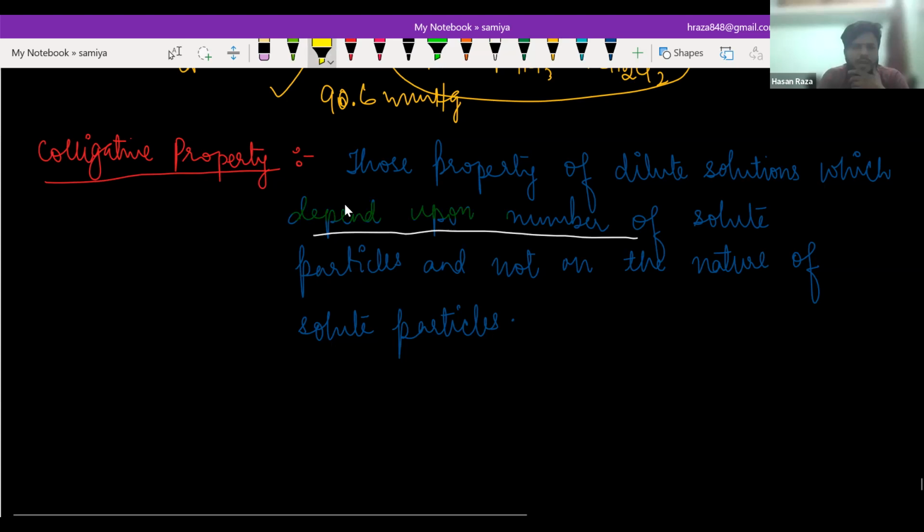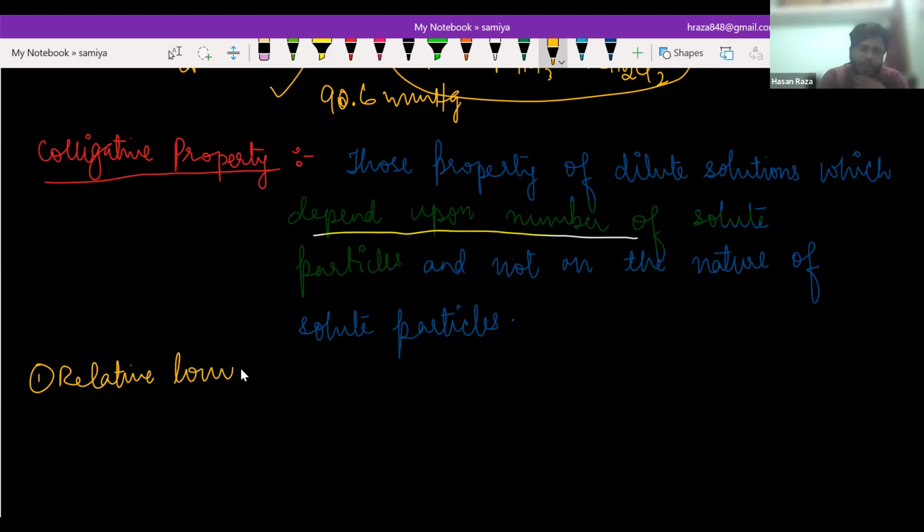There are four colligative properties that we need to study. The first one is relative lowering in vapor pressure, that we already have done. Then elevation in boiling point.